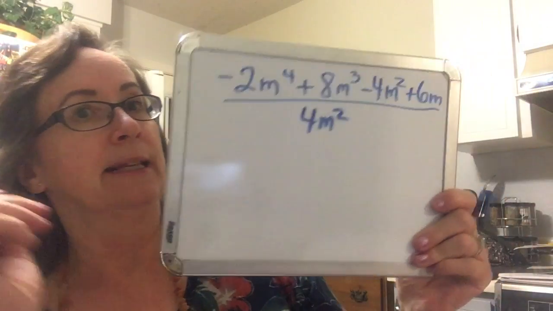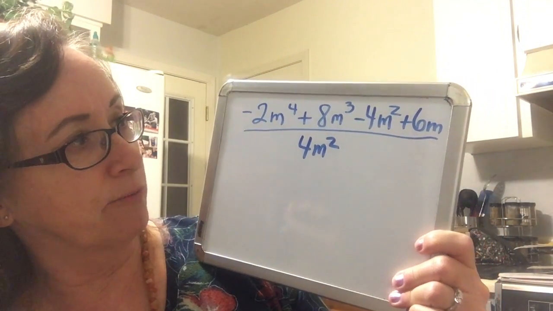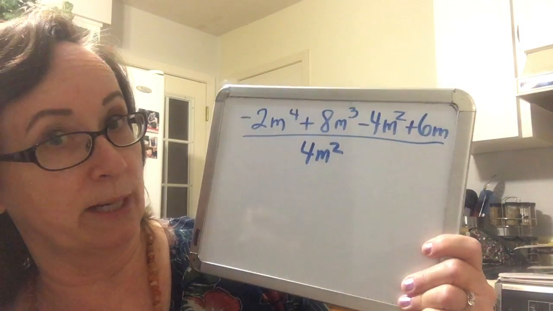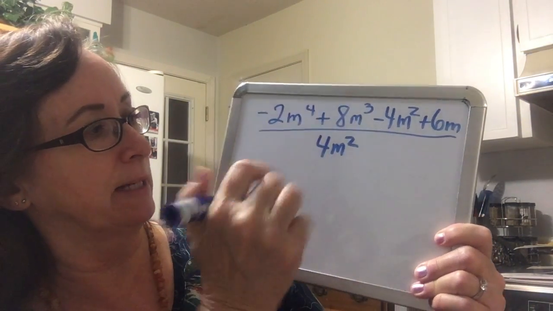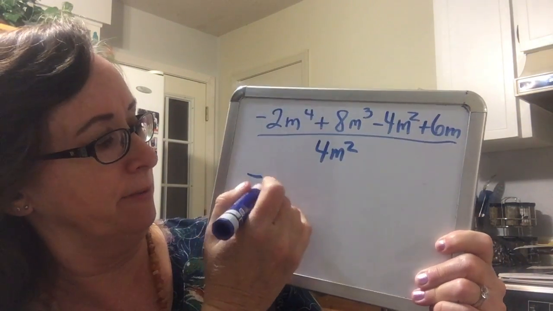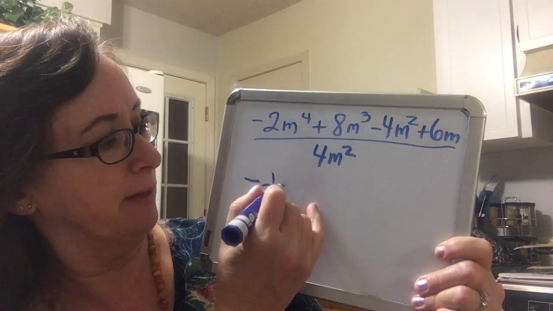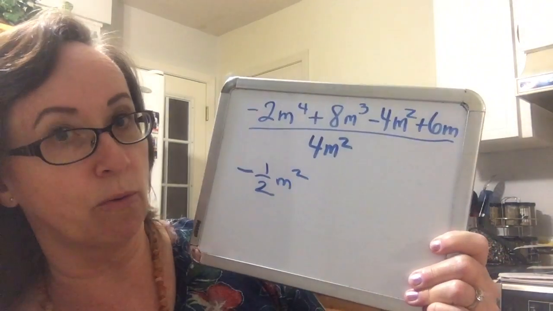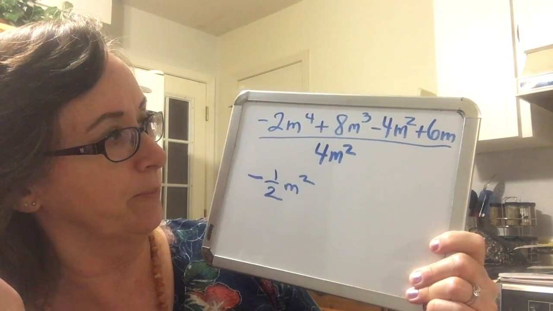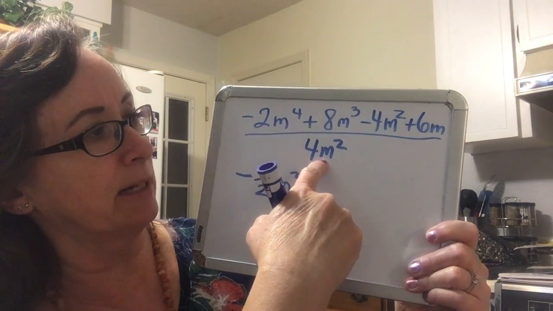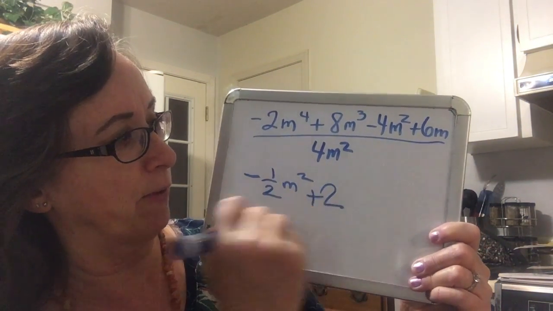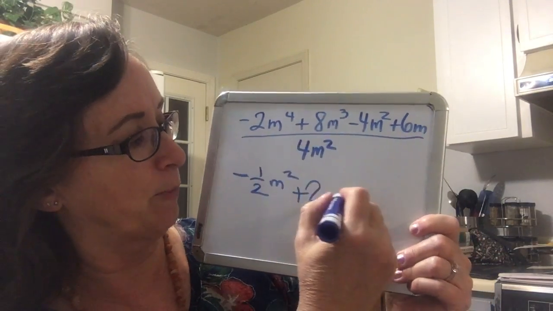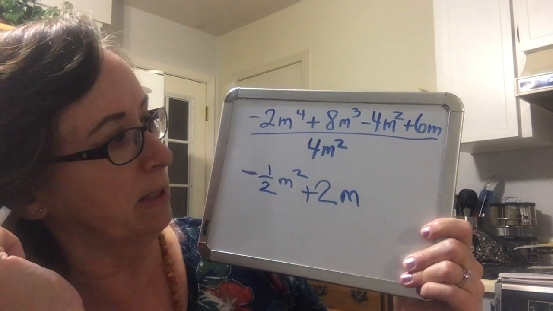Okay, the second example is 4 terms divided by 1 term. So again, we're going to take this one and divide it by this one and get negative 1/2 m squared, or negative m squared over 2. Then this second term is going to be a 2 because of the 8 divided by the 4. M cubed divided by m squared is just an m.